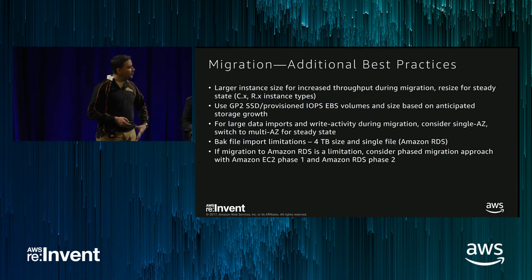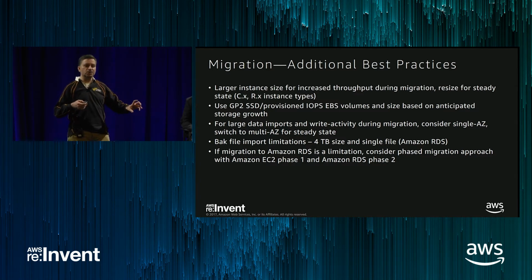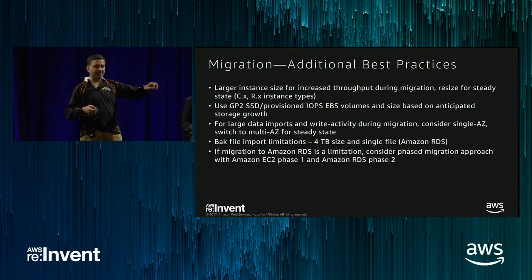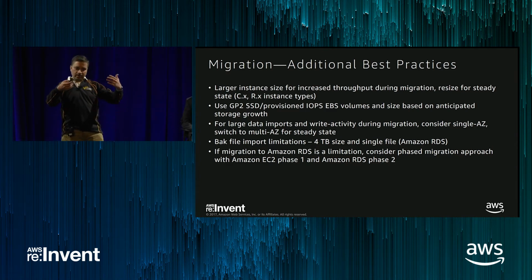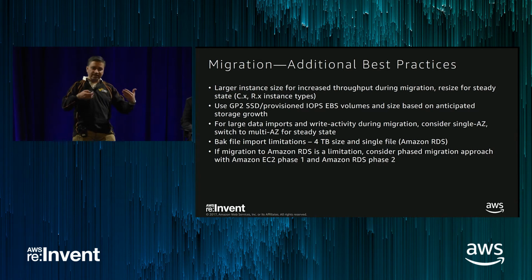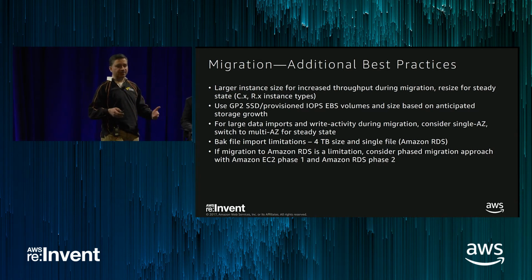Also, for large data imports and heavy write activity, given that multi-AZ uses mirroring, all the writes that are applied to the primary database are also applied to the standby database in a different AZ. That means there is an additional performance impact on the target database, even though you might not be using the standby for your reads.